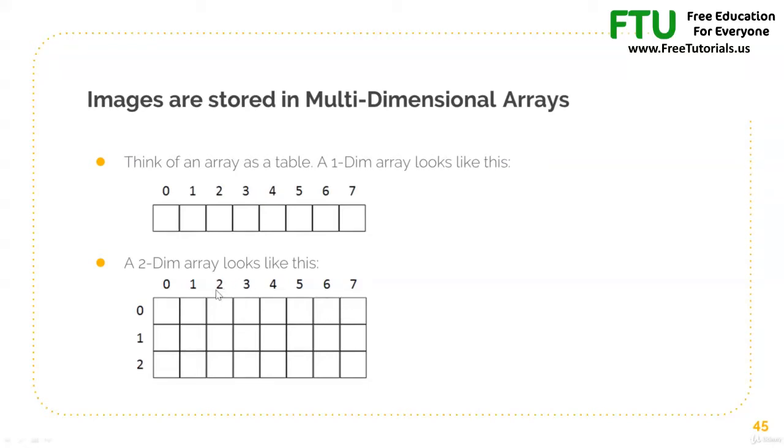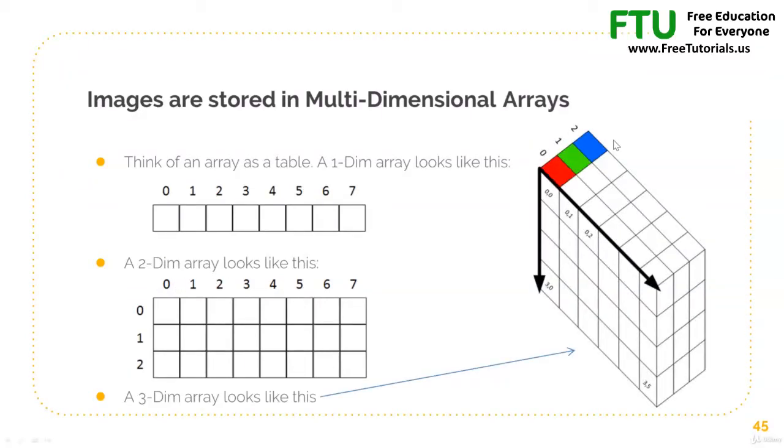Now, there can be two-dimensional arrays for images, all right? I'll talk about that very soon. But typically, images are stored in a three-dimensional array, and that looks like this. You have X, Y, and now you have Z. Remember before, I told you there were 3 colors, red, green, and blue, or BGR, to represent the colors, blue, green, and red, obviously.